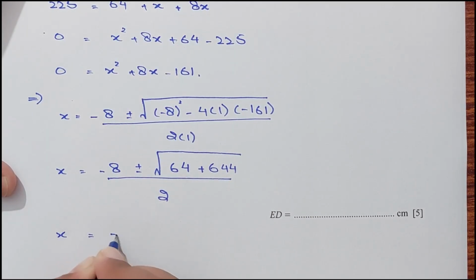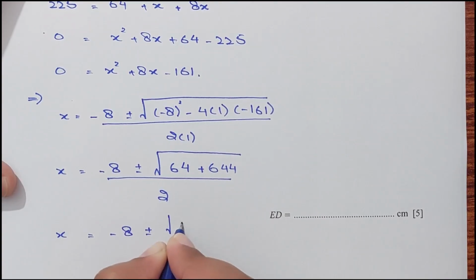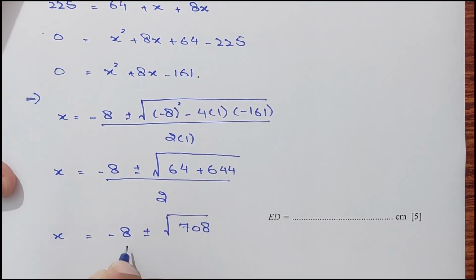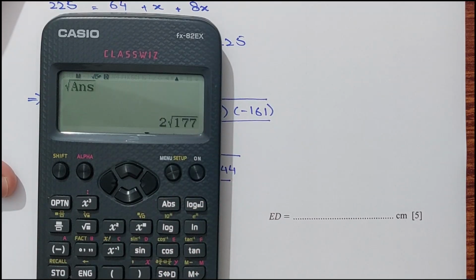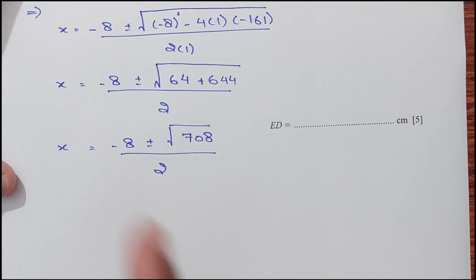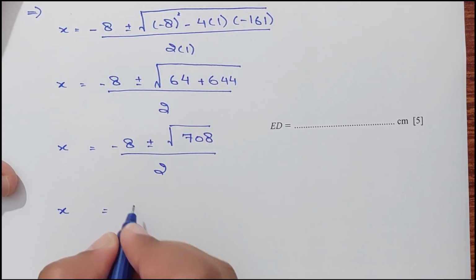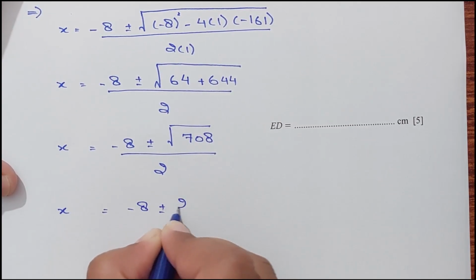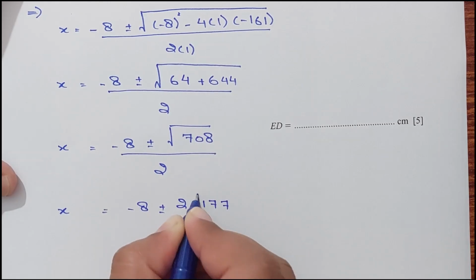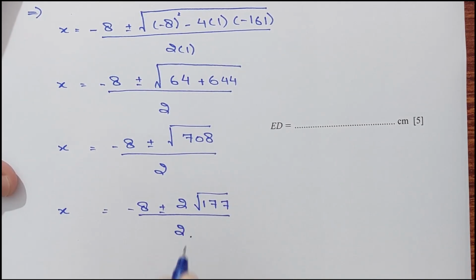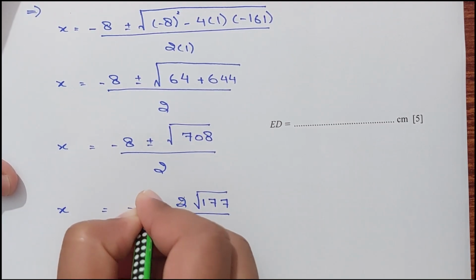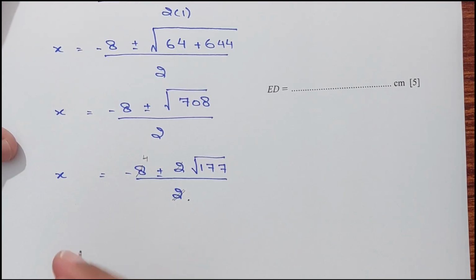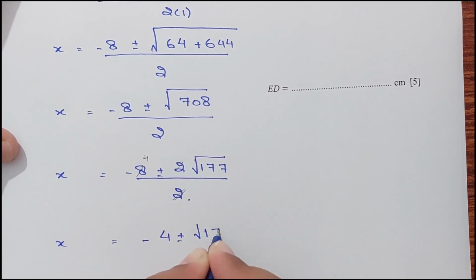So x equals minus 8 plus or minus root 708, divided by 2. Root 708 is 2 root 177, sorry. Minus 8 plus or minus 2 root 177, divided by 2. Let me divide by 2. The 2 cancels with 2, and 2 times 4 is 8. So we have x equals minus 4 plus or minus root 177.